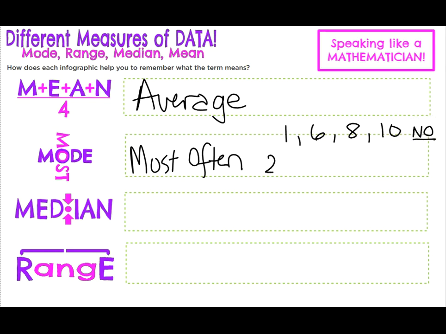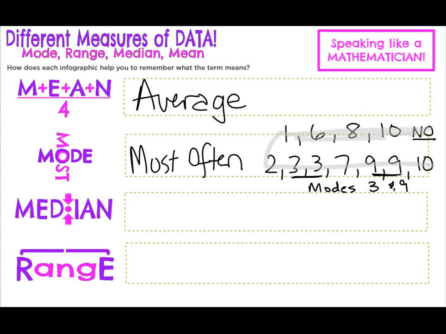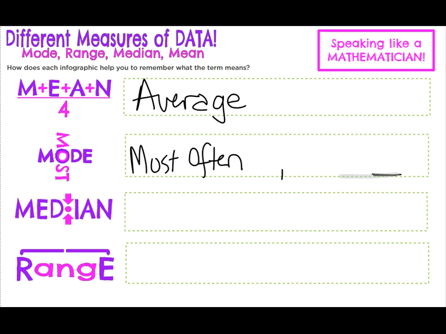And then we can also have more than one mode. So in this case, the modes would be 3 and 9. So that's how mode works. We can have no mode, more than one mode, or exactly one mode.